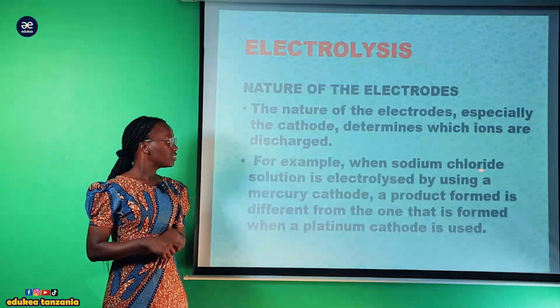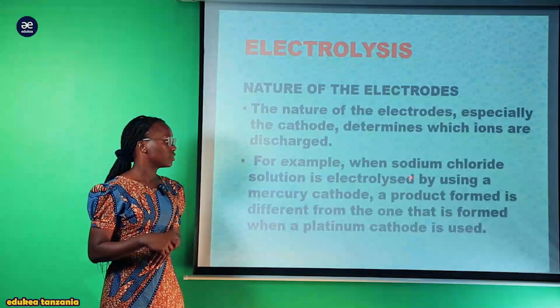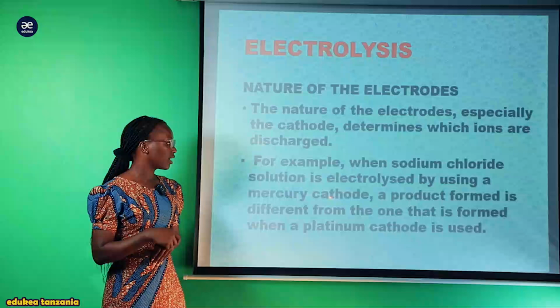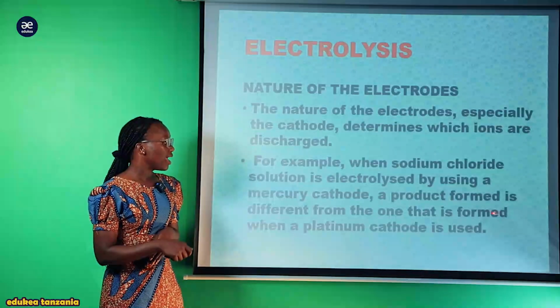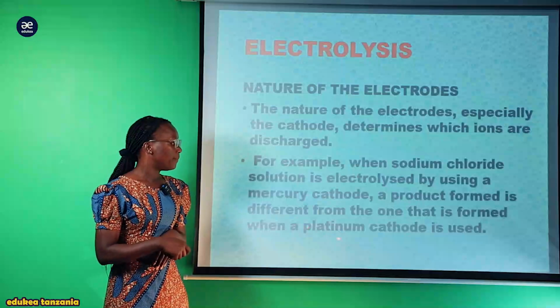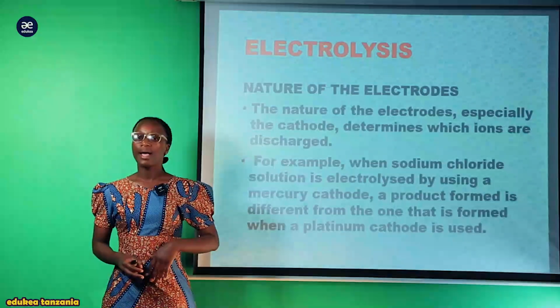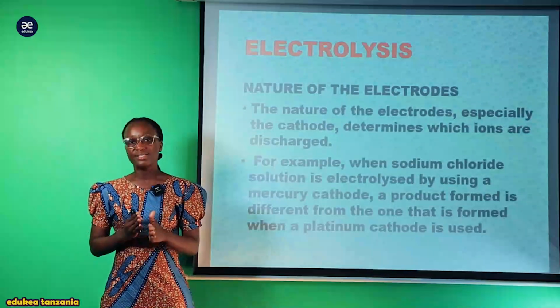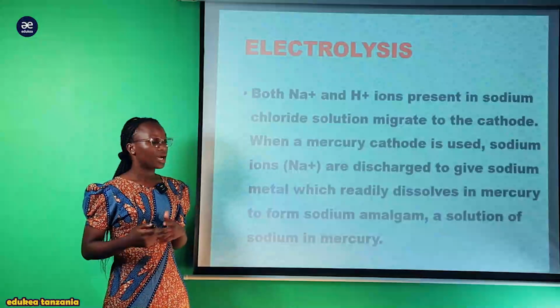For example, when sodium chloride solution is electrolyzed by using a mercury cathode, the product formed is different from the one that is formed when a platinum cathode is used. Kwamba kama itatumika mercury na platinum itakuwa ni vitu tofauti kabisa.